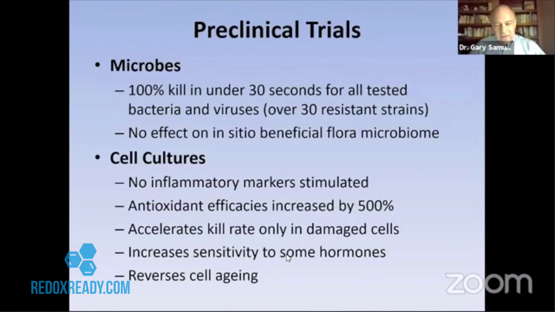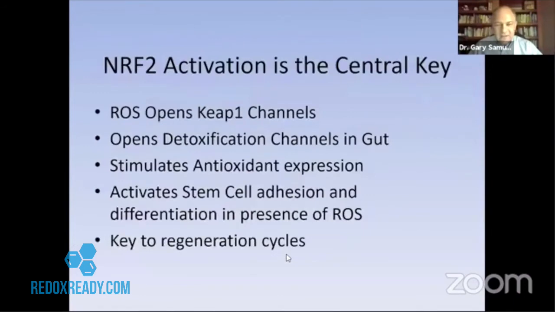Cell cultures, we found that it increased antioxidant efficacies, incredible amounts in cell cultures. It increased sensitivity to hormones. That's another one that we've proven out in the gene study. It reverses cell aging. Cells that were aging and unresponsive, all of a sudden became responsive and new when we put C in these cell cultures.